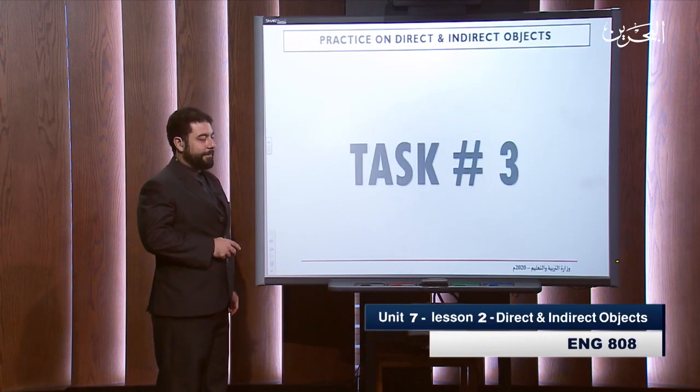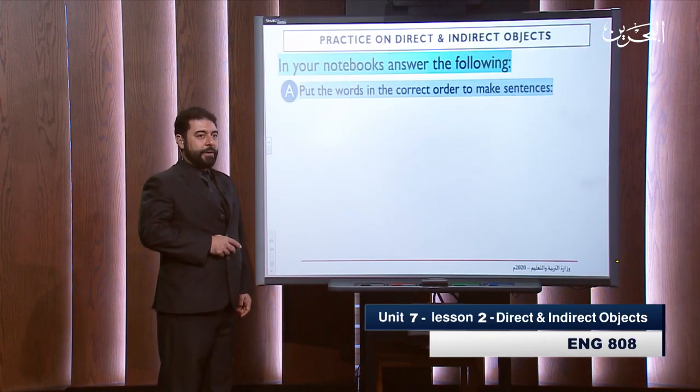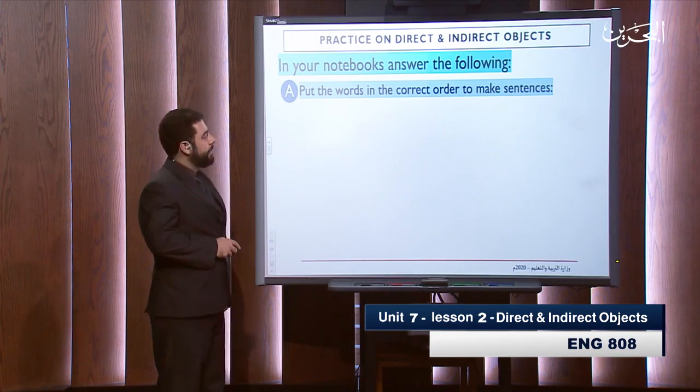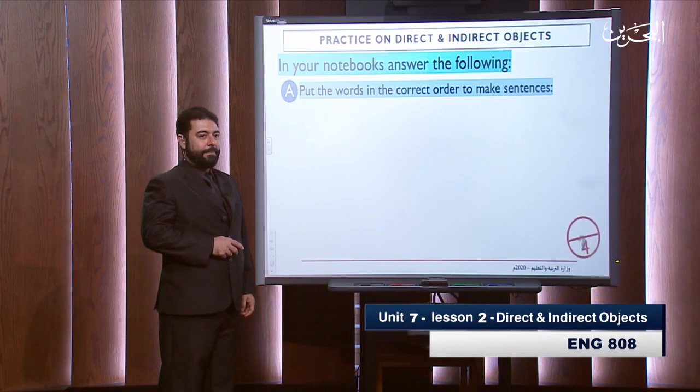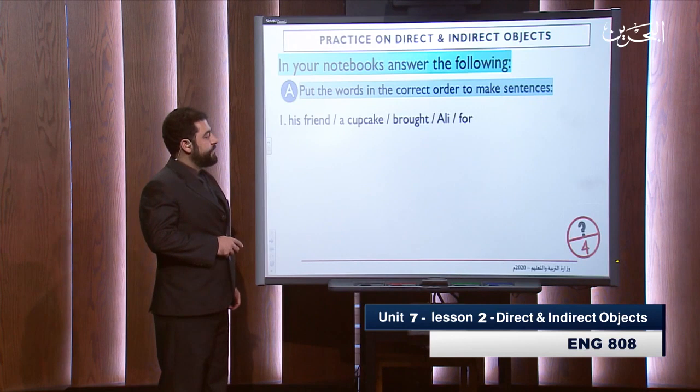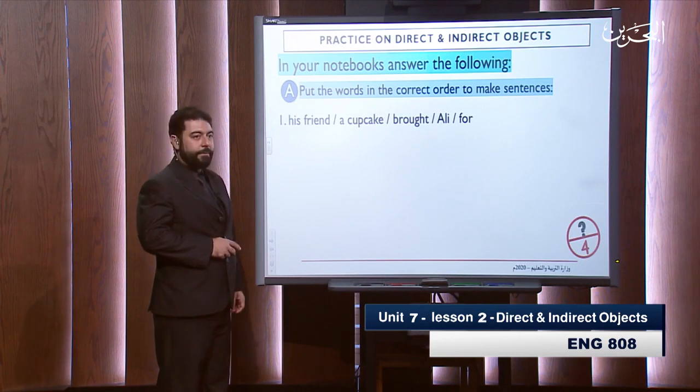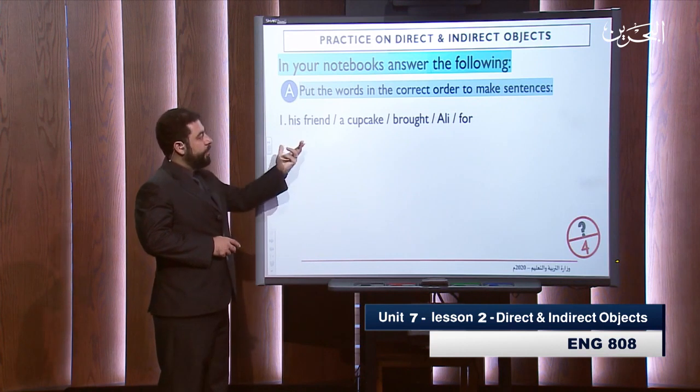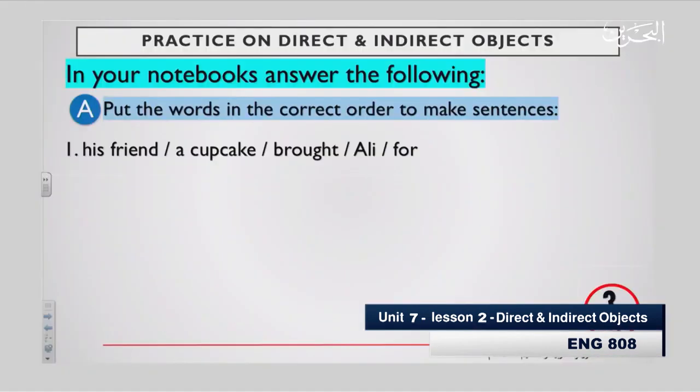Task number 3. In your notebooks, answer the following. A. Put the words in the correct order to make sentences. And you have a mark of 4. The first one. His friend, a cupcake, brought Ali. Your task is to reorder these words to make a perfect sentence.